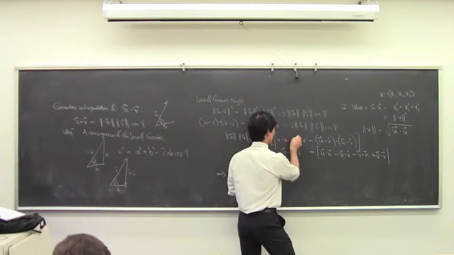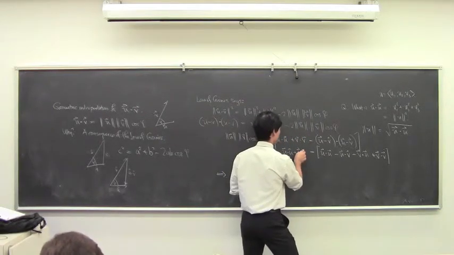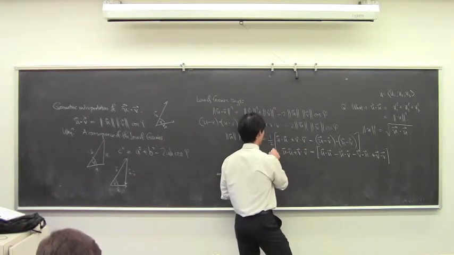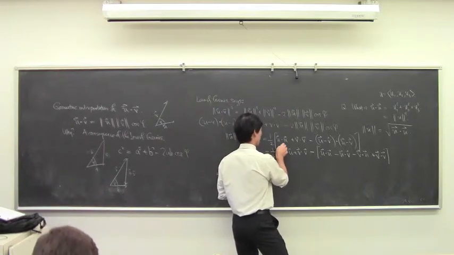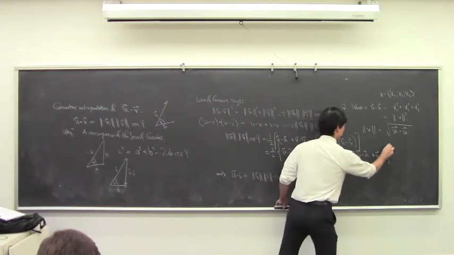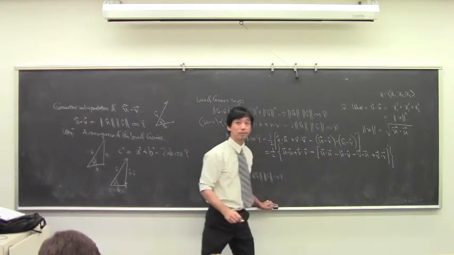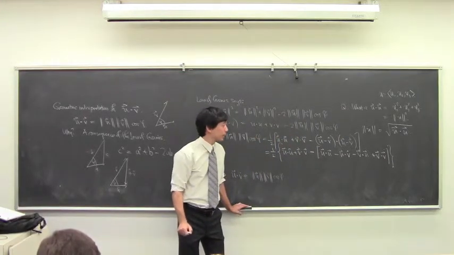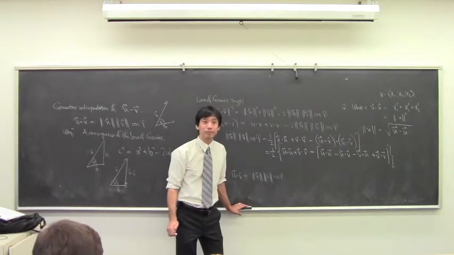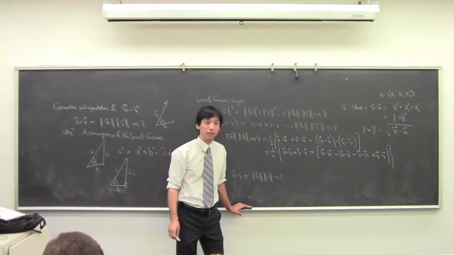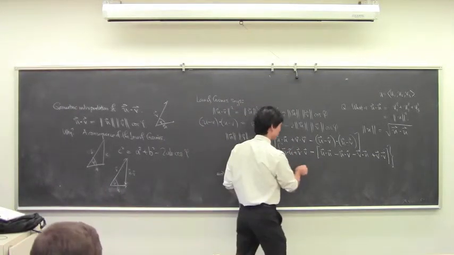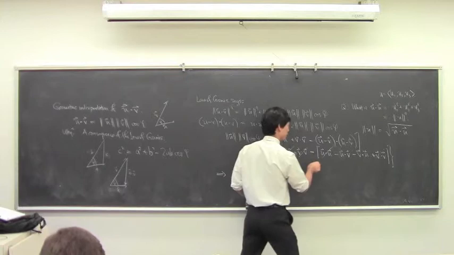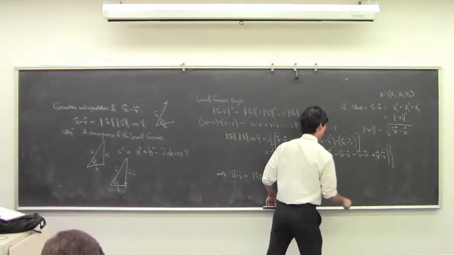So the point is that we can do everything just like we did back with numbers. Right? And you see what happens. The u dot u minus u dot u, the v dot v minus v dot v.